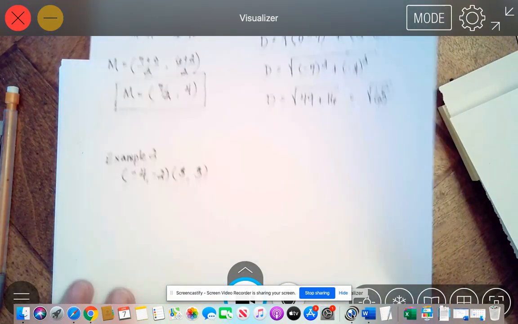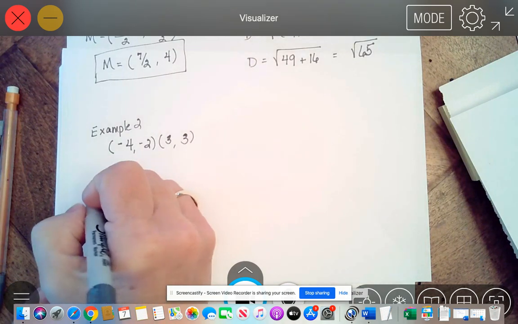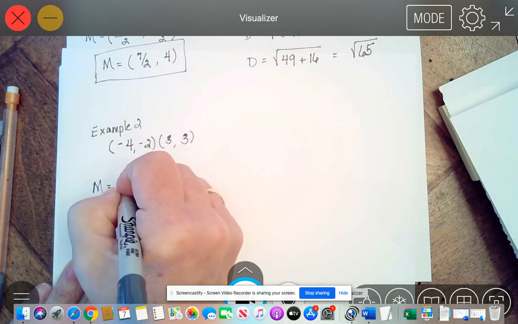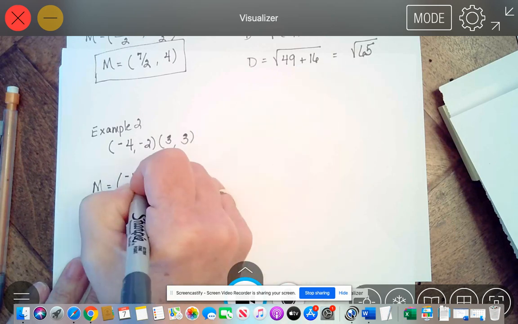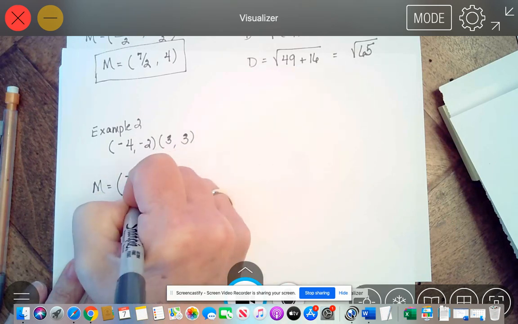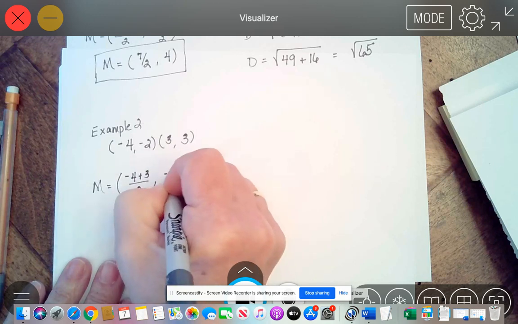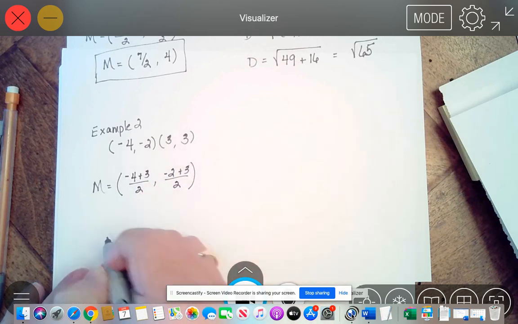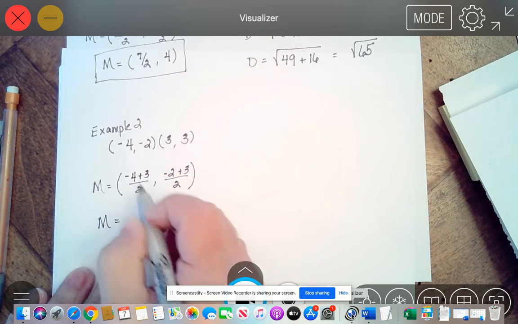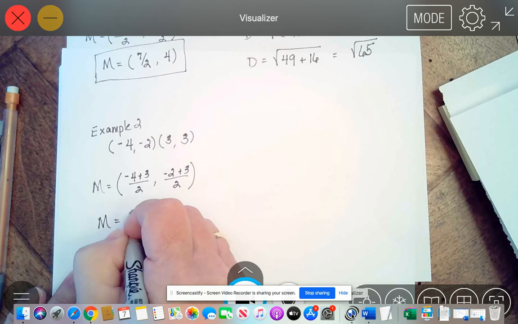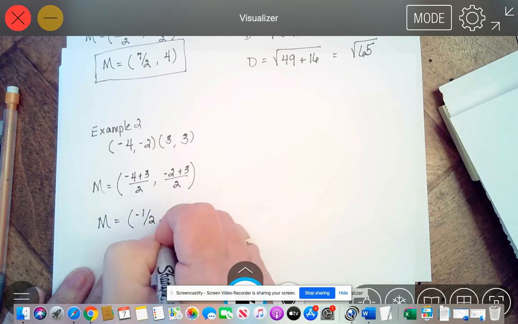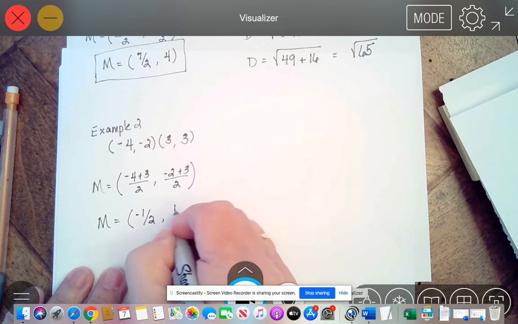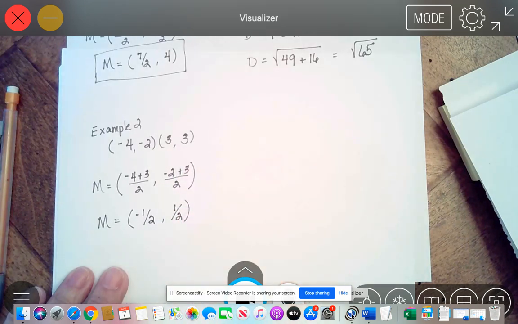So what I'm going to do here on example 2, my midpoint, I'm going to add up the x values, -4 plus 3 over 2, and -2 plus 3 over 2. So the midpoint, -4 plus 3 is -1 over 2, or -1/2. -2 plus 3 is 1 over 2, or 1/2.